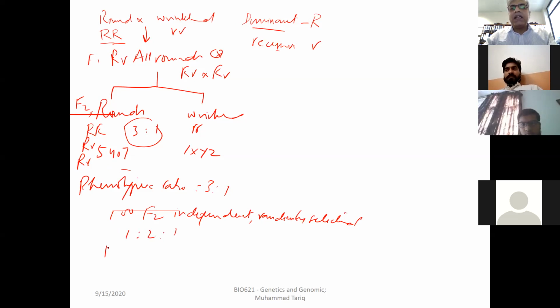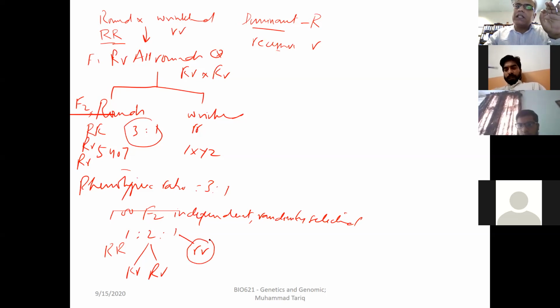One was pure-breeding round, two were impure rounds, and one was pure wrinkled. Pure means there is no contamination. Pure means it will always produce wrinkled, or it will always produce round. This one is impure because when you sow seeds from this plant, it will again give you 3:1. Okay? This is undergrad genetics.